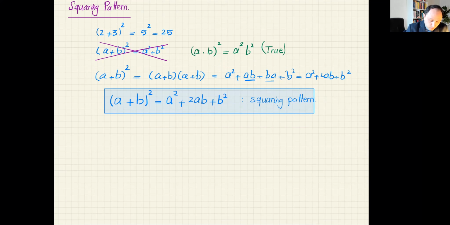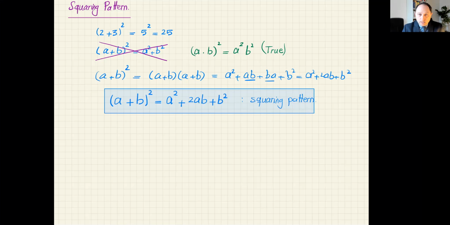For example, it is very important to know that in the exam, when I say use a squaring pattern to expand the following expressions, if you use multiplication, definitely you will get the correct answer, okay? But you will lose the points because I have mentioned use this pattern, because the emphasis here is to show me that you know how to use the squaring pattern.